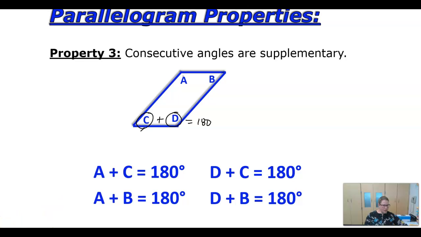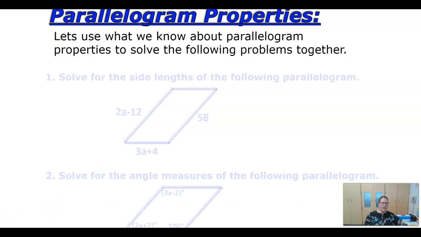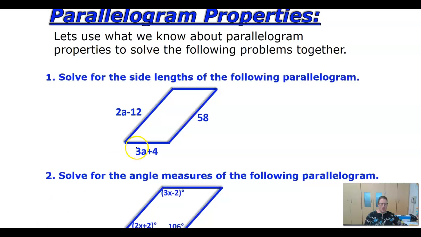So keeping those properties in mind, we can now use those to solve for side lengths and for angles in parallelograms. So because I know this is a parallelogram, and I know that this side is 58 and this side is 2a minus 12, I know that those have to be equal because opposite sides in a parallelogram are congruent, so I'm going to set them equal to each other to solve for a.